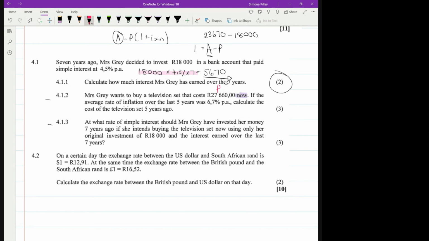And now I actually have to change my P value because they're asking me about the past. So actually, this is going to be my A value. The value of my television 5 years ago is going to be my P value, which is what's unknown. 6.7% is going to be my interest, and 5 years ago is going to be my N.